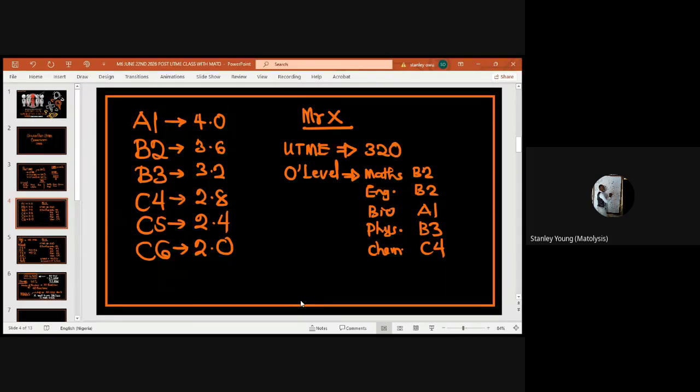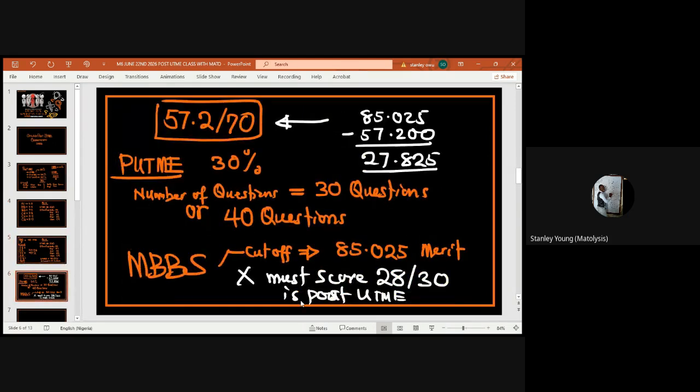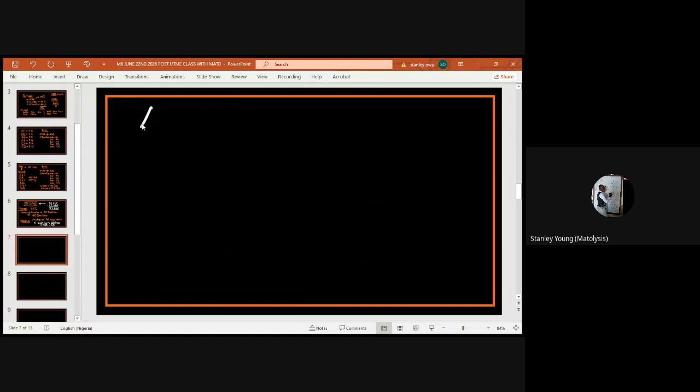You do all that. All right, somebody might want to ask, what about the case of awaiting results? Awaiting results, meaning probably you have an O-level result you're not proud of, though it can still gain you an admission in other schools.